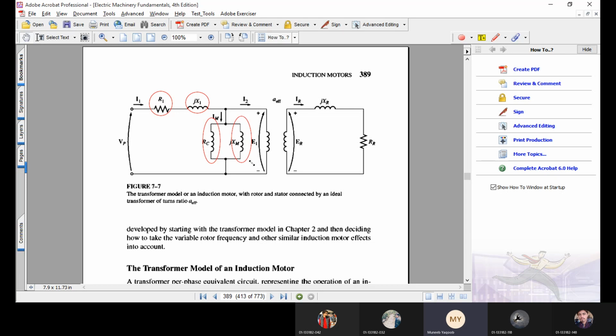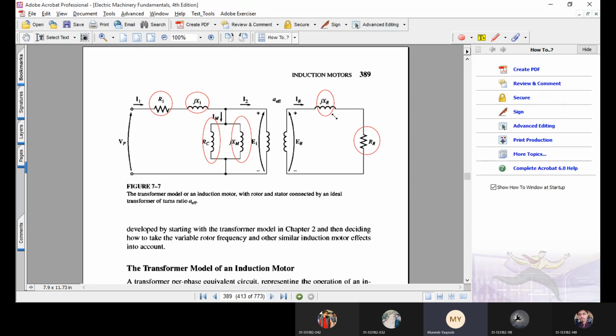Now coming to the rotor side or the secondary side. For secondary resistance in the transformer model, we were used to write RS. So in place of RS, we will use the resistance of the rotor, so we will write it RR. And in place of XS, we will write XR because here the secondary winding is on the rotor.